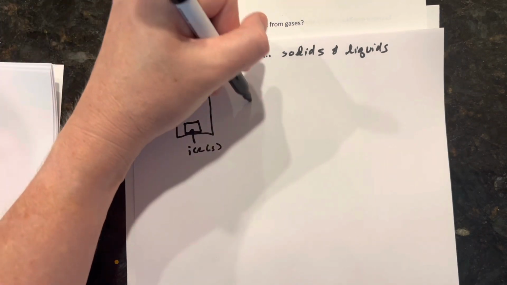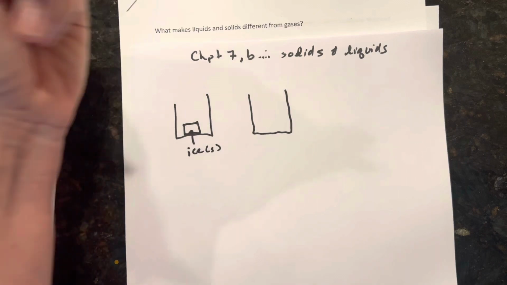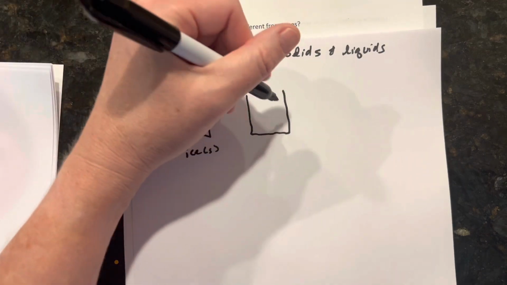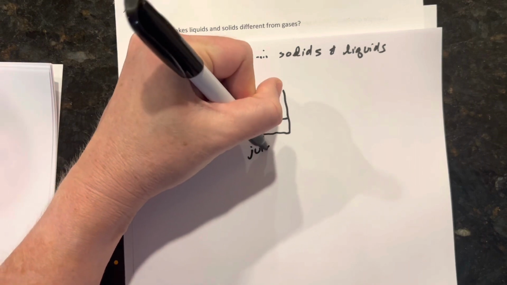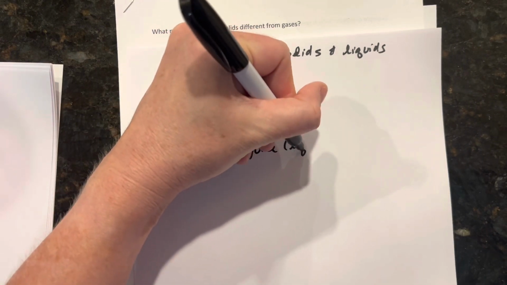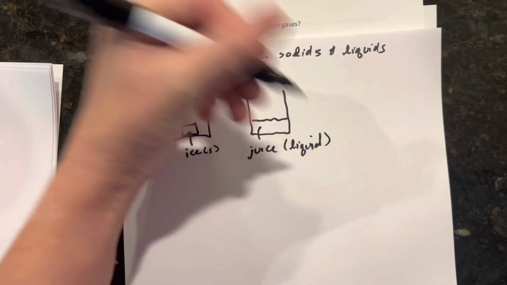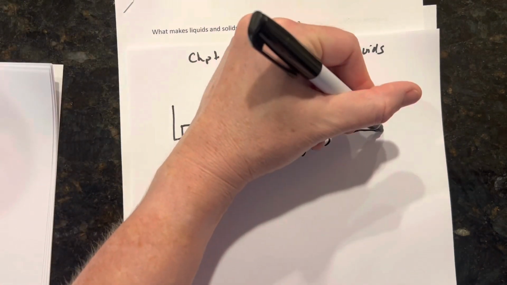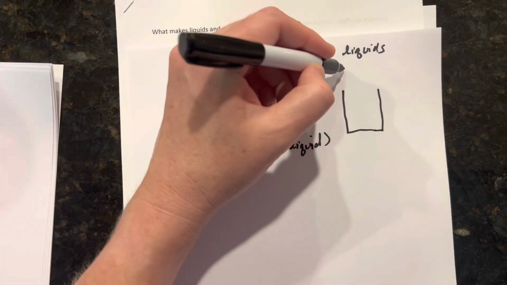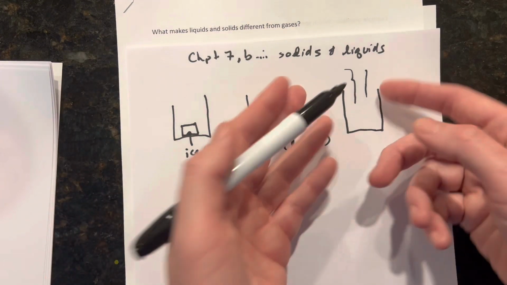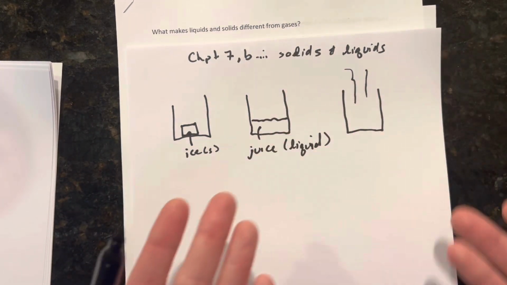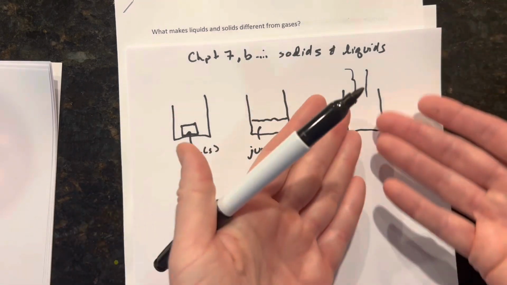And we have another cup, and let's say we put some apple juice in it or some other kind of liquid. And we have another cup, and you blow in it. Okay, so I don't know what that really is, but just pretend that that's actually a decent picture of me blowing something into a cup.